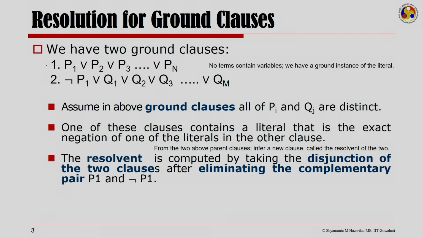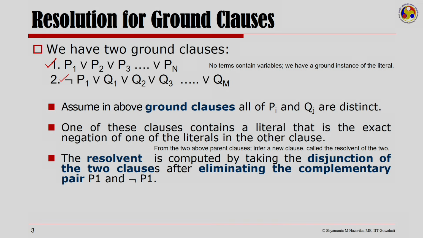So, if we have two ground clauses, P1 or P2 or P3, so on and so forth up to Pn. So, that is the disjunction of P's, and another ground clause which is a disjunction of the Q's with the first literal being the negation of P1.